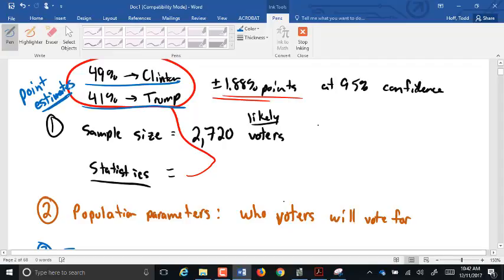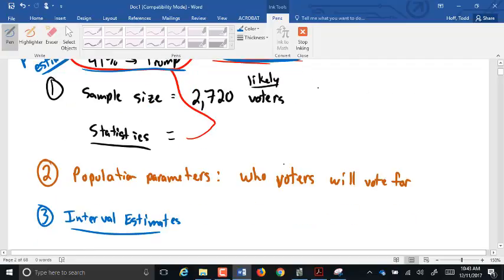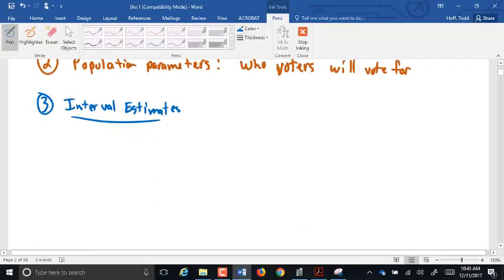Do you remember how we turn those into interval estimates? Okay. We use that margin of error, the 1.88%. So for Clinton, it's 49%. We subtract 1.88% to get the lower end, and we add it to get the higher end.